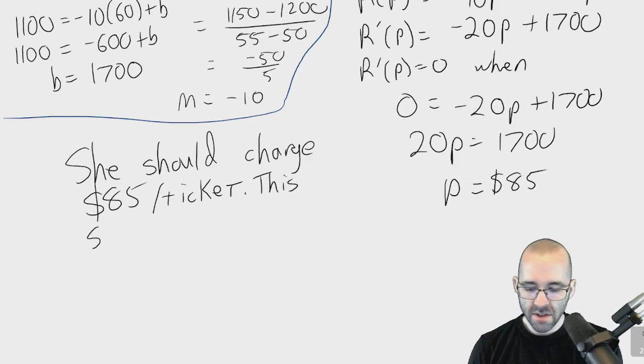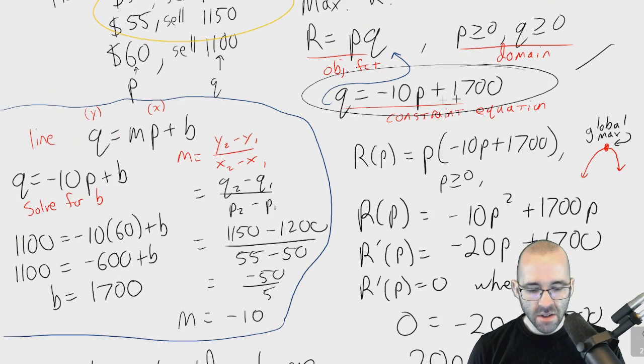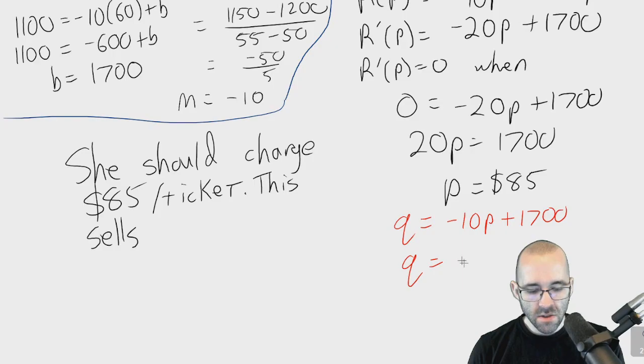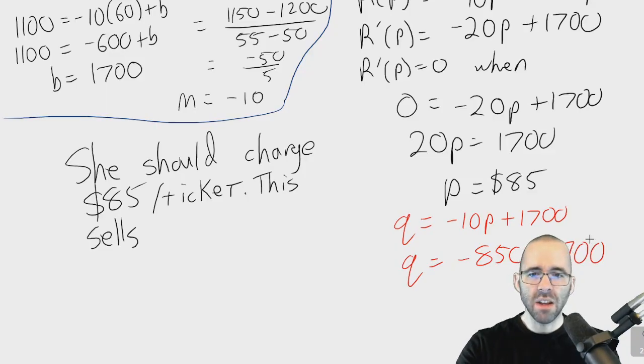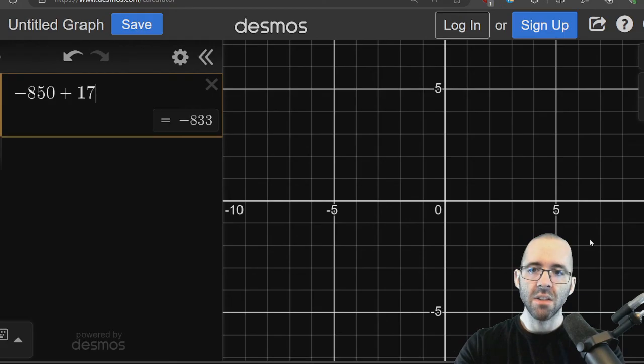Let's find out how many tickets that sells. Let's look at our demand equation. If P is 85, then Q is negative 10 times P plus 1700. So Q will be also 850, I believe. Negative 850 plus 1700 is also 850.